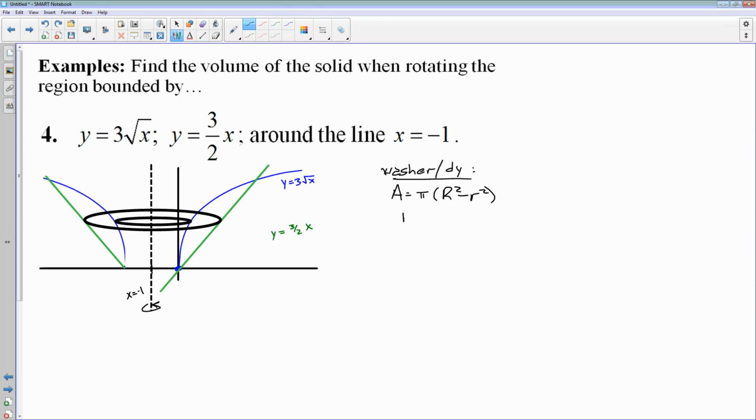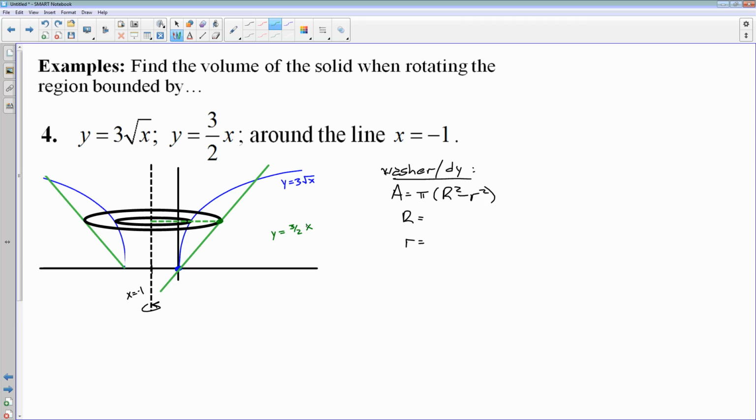And now my radii, big R and little r. Big R is going to go from the center to that green line, and always go to the original curve. So there's my big radius, from center to here, but we do right minus left. My right point is on the line. Oh, this is a dy problem.